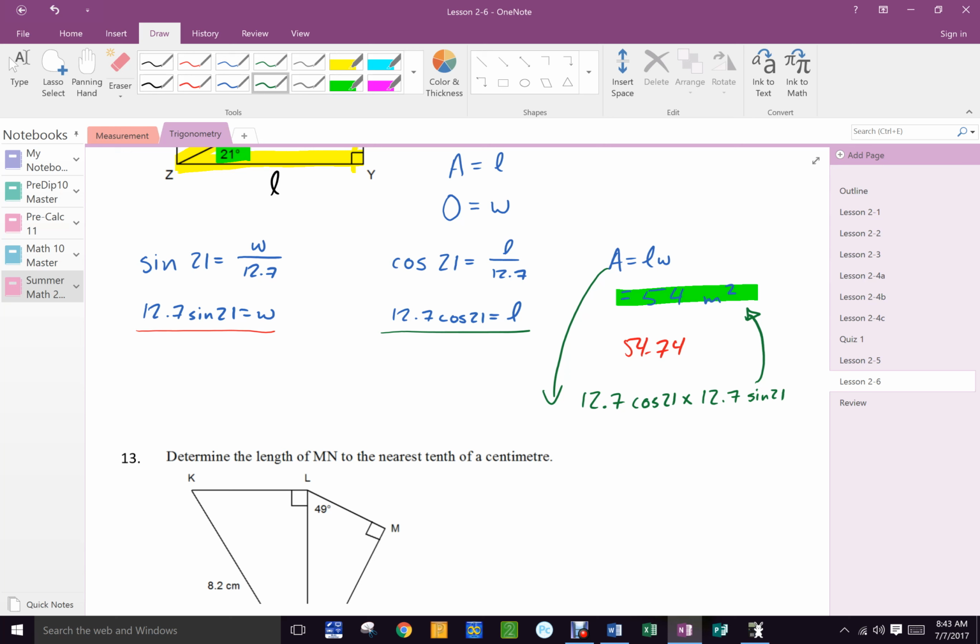So I want you to see how you can get the best possible answer by leaving stuff on your calculator. Everybody okay with that? I don't care if you do it or not. But when you go further in other classes, they might. You understand? So keep your eye open for it. Cool?